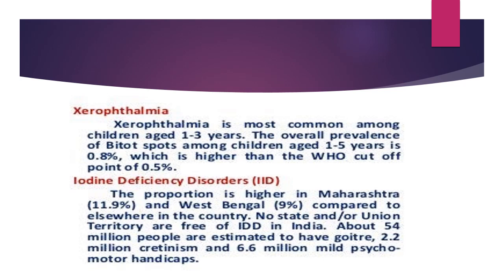Goiter is a condition where there is abnormal enlargement of the thyroid. Goiter happens because of iodine deficiency. Apart from that, you can find 6.6 million with mild psychomotor handicaps, because of iodine deficiency.